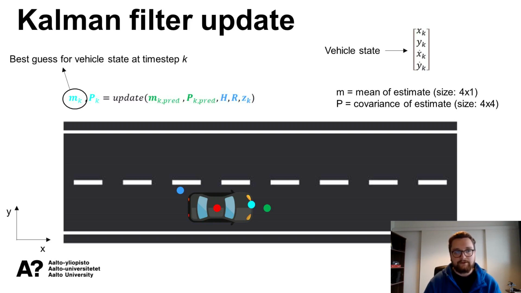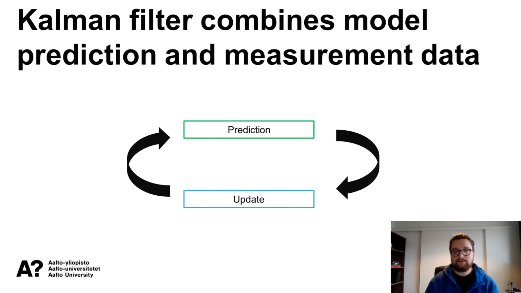After performing this update step, the mean estimate mk is the best guess the filter gives you of the real state of the vehicle. And as a reminder, the Kalman filter is just looping this infinitely: prediction, update.